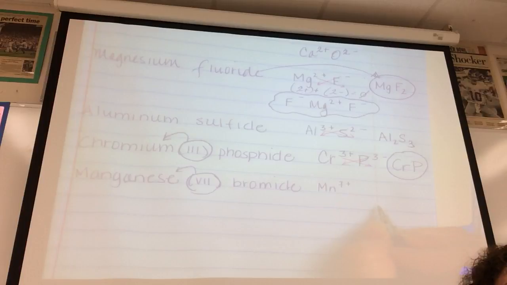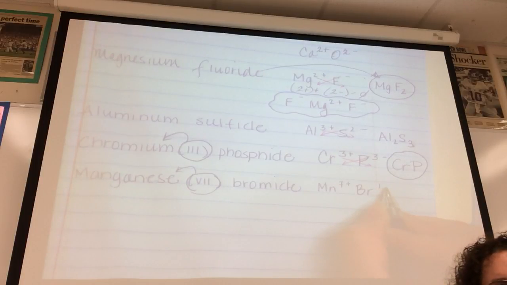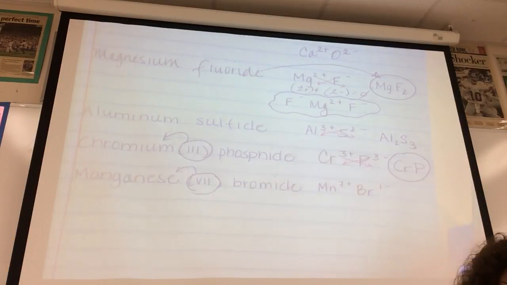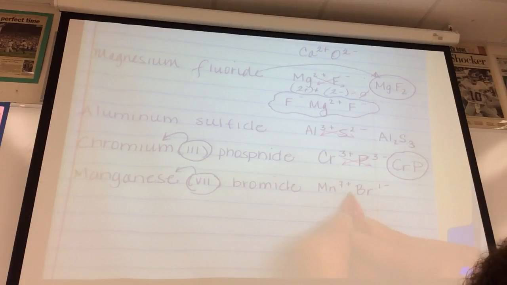Okay. And since it's bromide, where is it? Look to the right. It's 1 away, so it's going to be 1 minus. 1 away, okay. Now what?